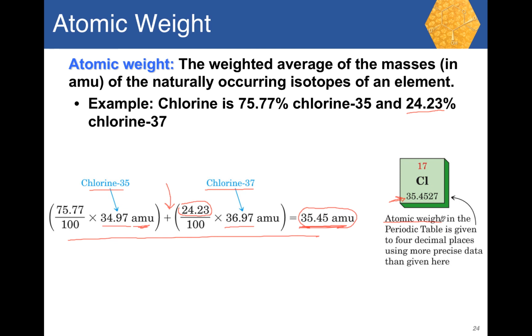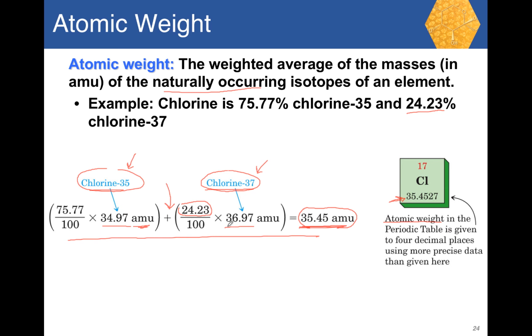If you got a bottle of chlorine, it is a mixture of two isotopes, chlorine 35 and chlorine 37. Because this mixture is constant, called the natural abundance, we can determine the mass of one isotope, 34.97, and the mass of the other, 36.97.